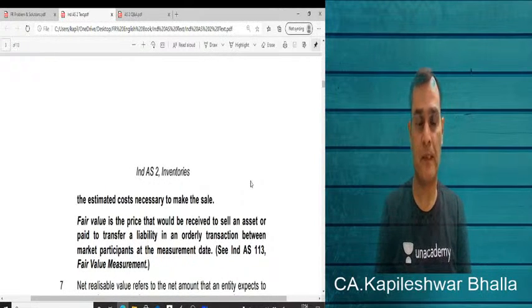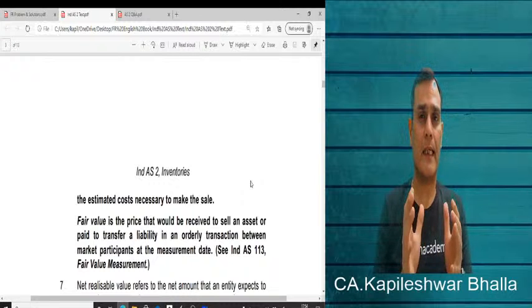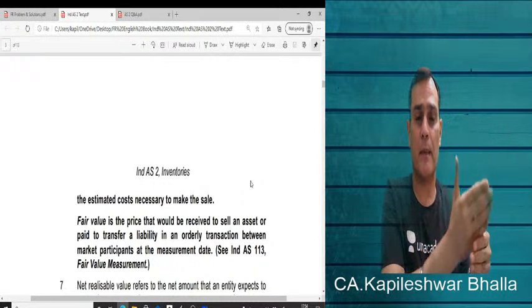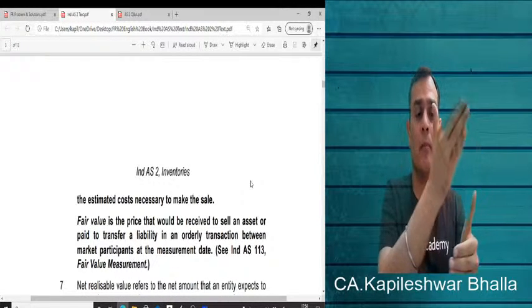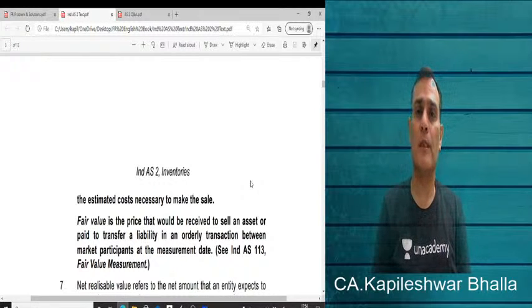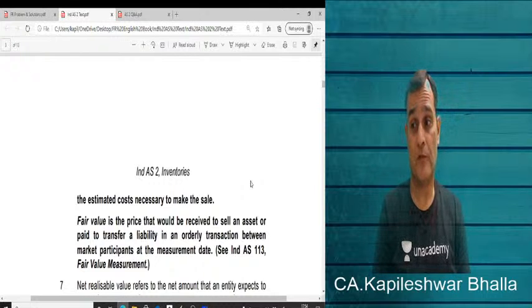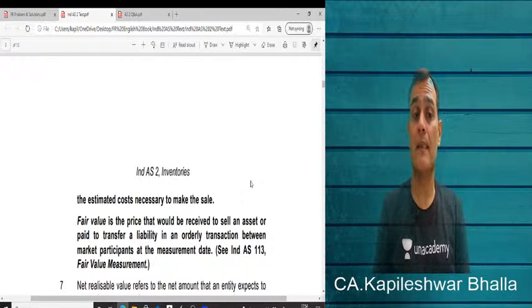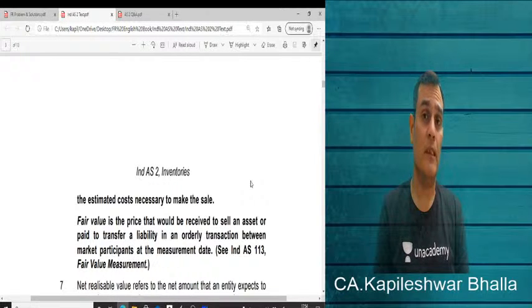Because when it says NRV is estimated selling price minus estimated cost of completion, the estimated cost of completion is relevant in terms of WIP. Finished goods are already complete, so there is no estimated cost of completion. And the estimated cost necessary to make the sale is something like a sales commission you give to the agent in selling the inventory.